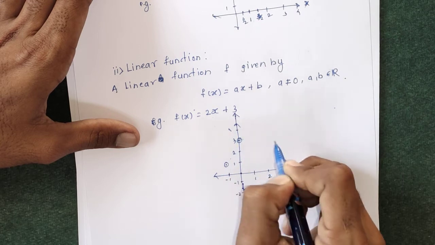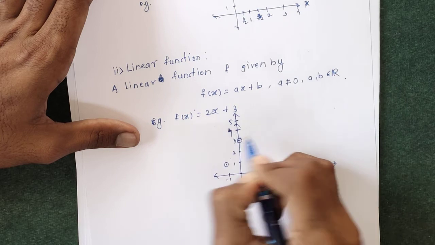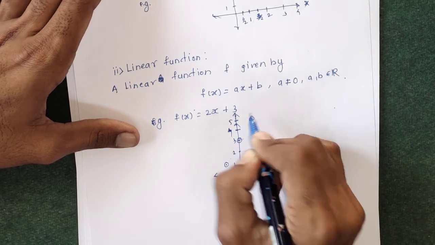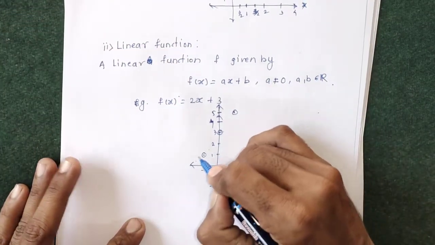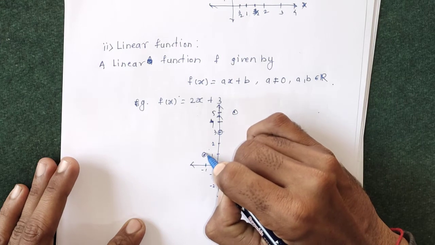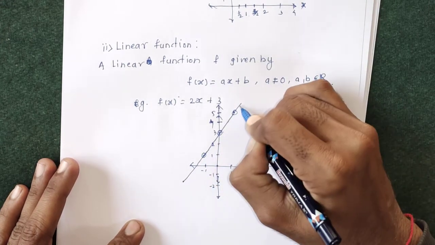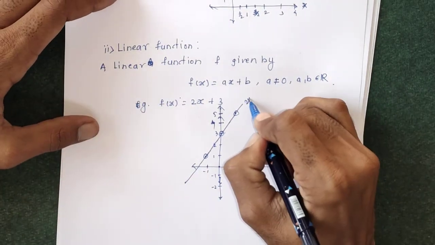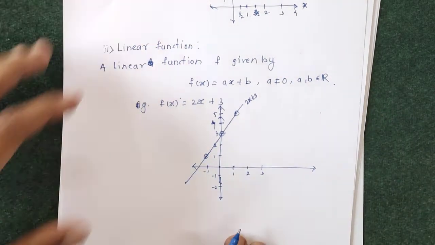The graph of the function is a straight line passing through these points. So this is the graph of the given linear function, the line 2x plus 3. For a particular example you can find the graph like this.